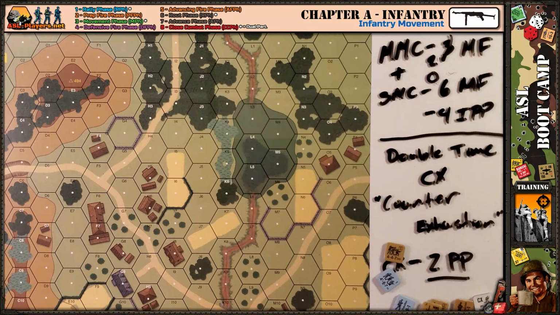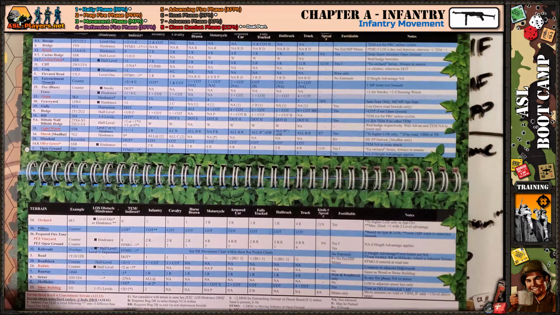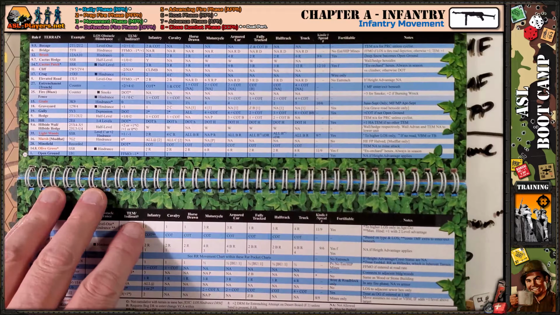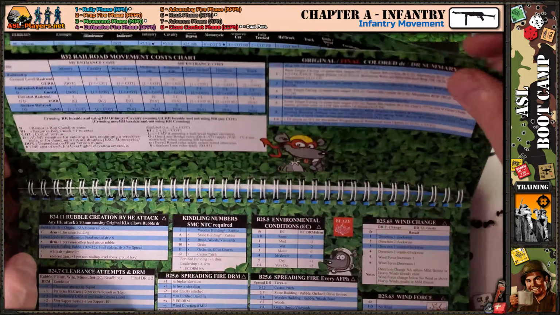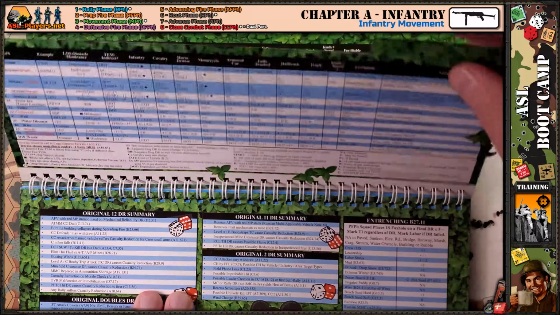I'm going to use the RAT charts instead of the bigger MMP charts because it fits on here nicely. So here are basically the terrain costs for all the terrain. I think this is one page. There's another page. Yeah, another. So there are at least 3 pages in this format.